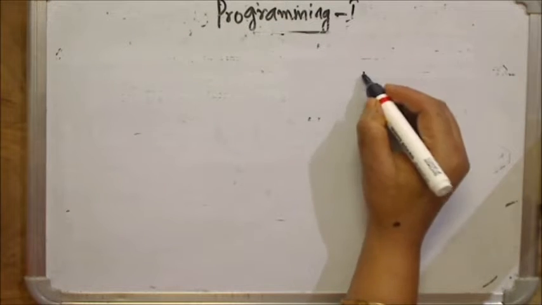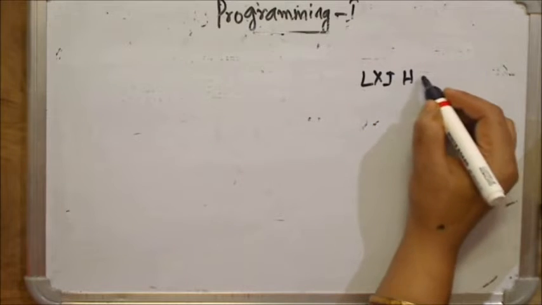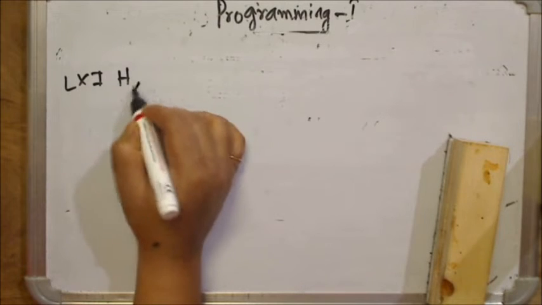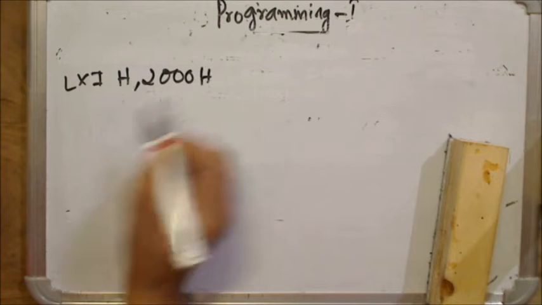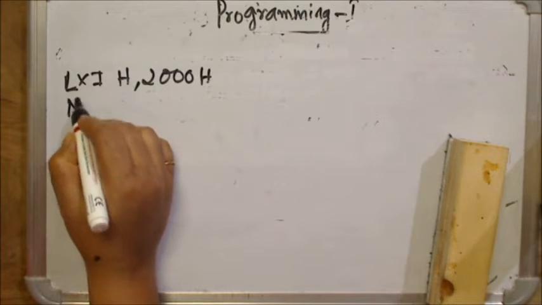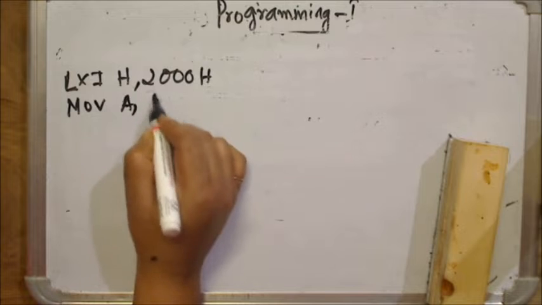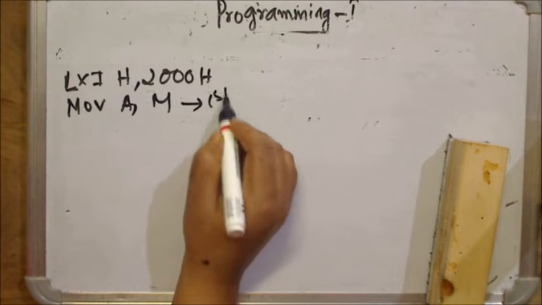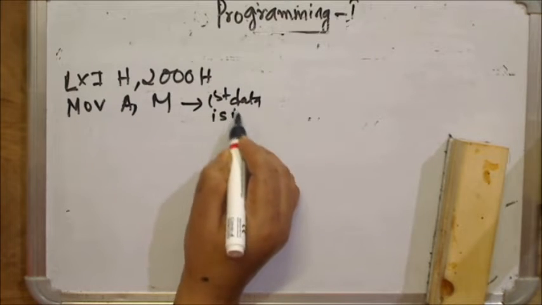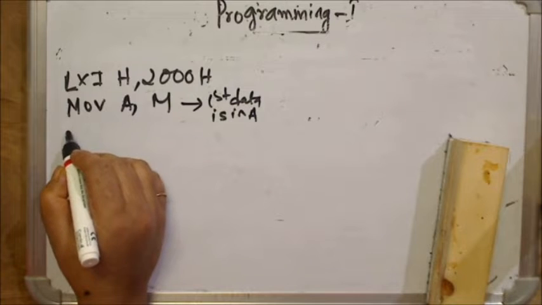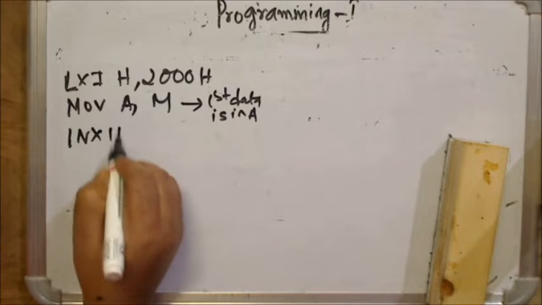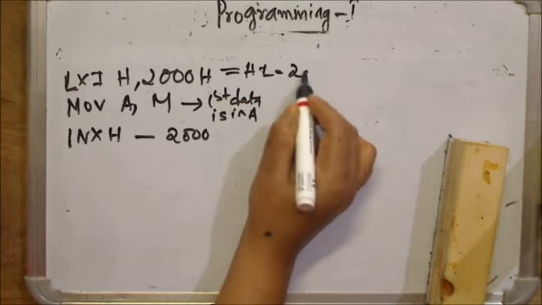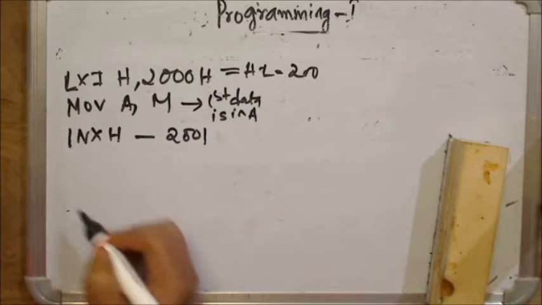We have first initialized the HL pair, LXI H, 2000. Then we have moved the first data, pointed by the HL pair, into A. Now the first data is in A. Then we have incremented the HL pair, which was 2000; it will now become 2001.